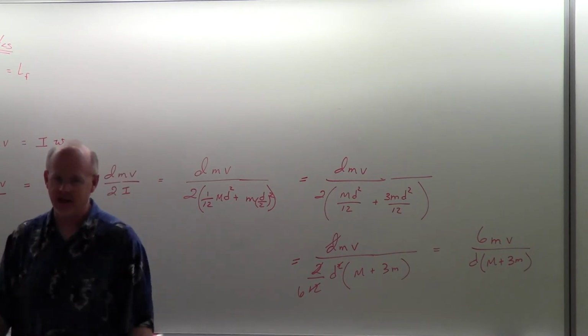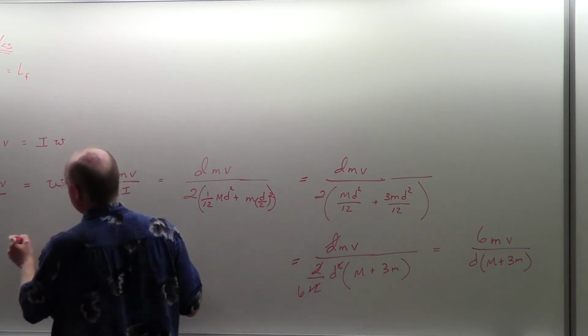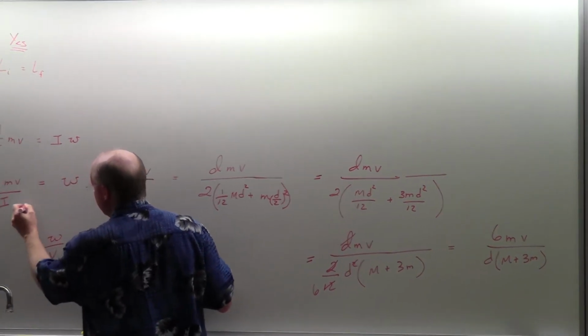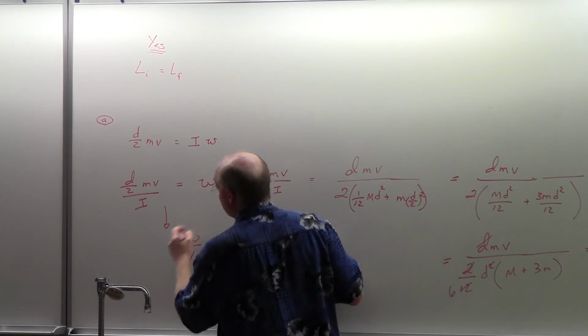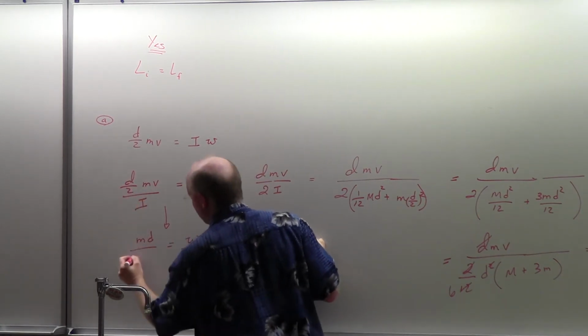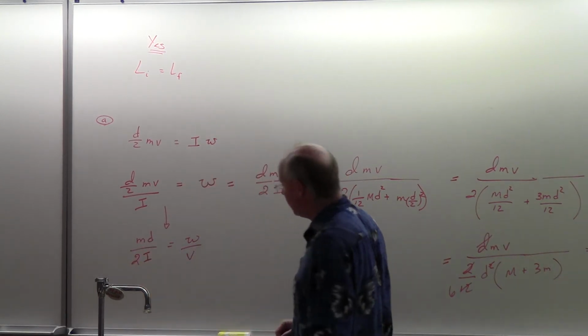So we're still going to have to calculate I again. But maybe, like I said, I'll just write this then as omega over V here is equal to an md in the numerator and a 2I in the denominator.